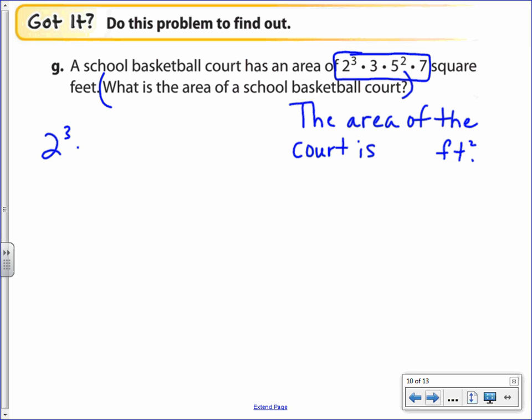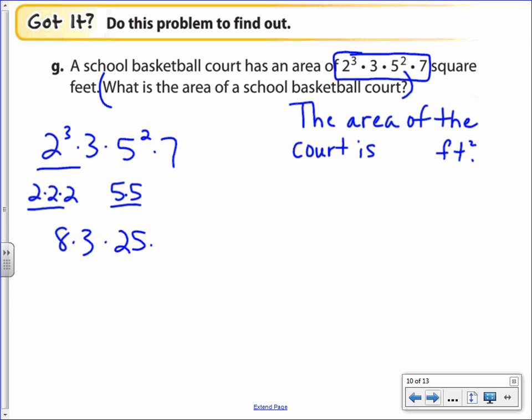2 cubed times 3 times 5 squared times 7. 2 cubed is 2 times 2 times 2, and 4 times 2 is 8. I'll bring my 3 down. 5 squared is 5 times 5, which is, of course, 25, and then times 7. 8 times 3 is 24, and 25 times 7 would give you 175.